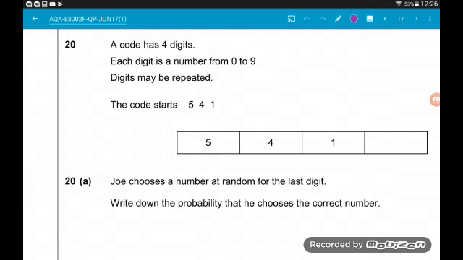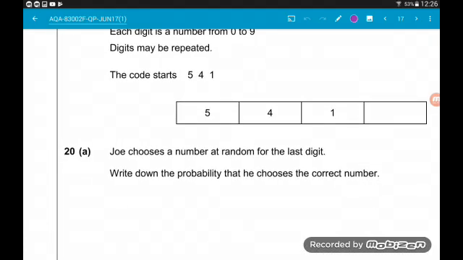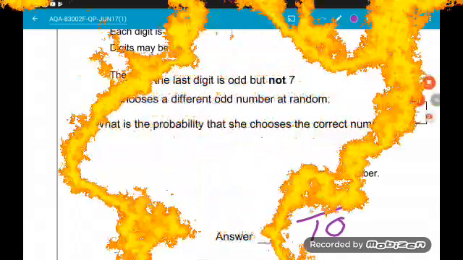So Joe chooses a number at random for the last digit. We want to write down the probability he chooses the right digit. So between 0 and 9 there are 10 digits. Only one of them is going to be right. So the answer is 1 out of 10.